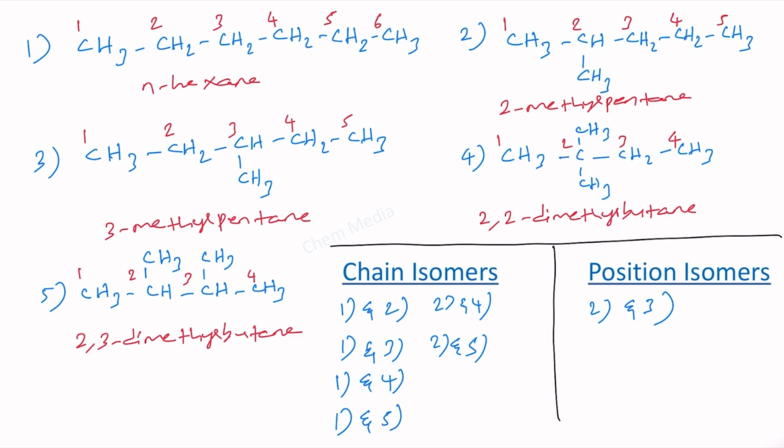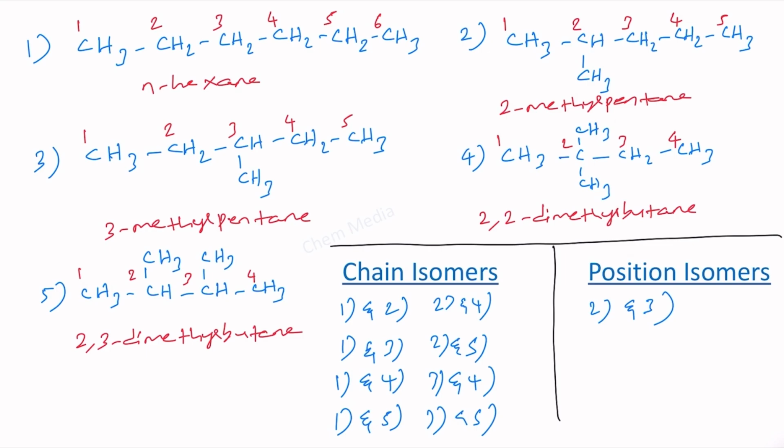How about 3 and 4? 3 and 4 definitely chain isomers because parent chain itself is different. How about 3 and 5? Parent chain is different. Therefore, 3 and 5 are indeed chain isomers. How about 4 and 5? 4 and 5 they are position isomers because parent chain is same.